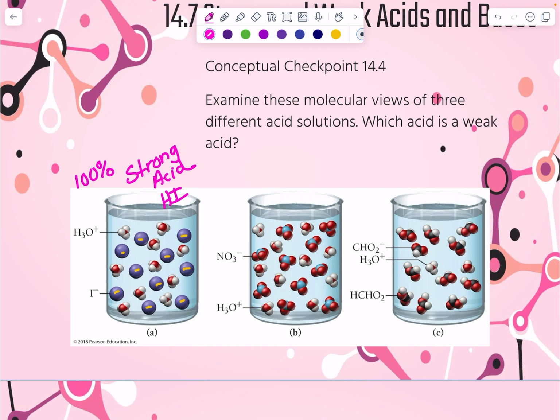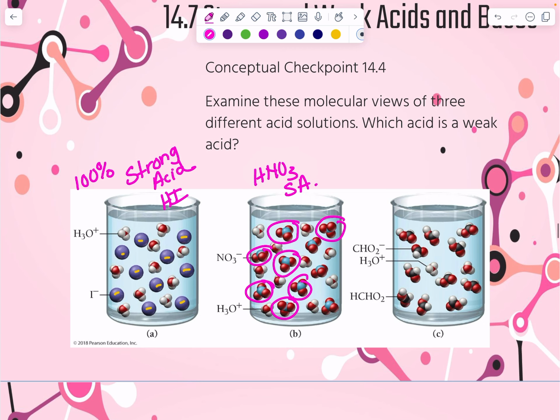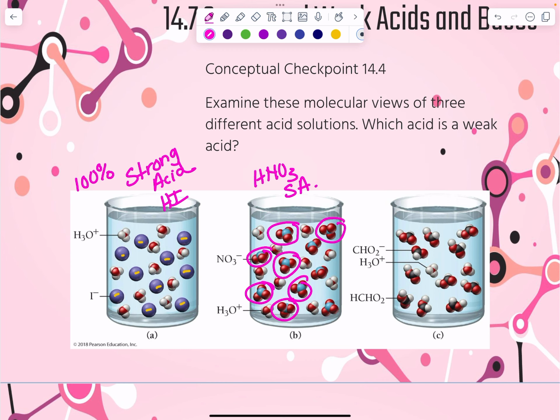Over here, these are nitrate ions. None of them have a hydrogen with them. That's because HNO3 is, again, a strong acid. But look over here. This is the formic acid there, and then this is the formate ion. Look at those.